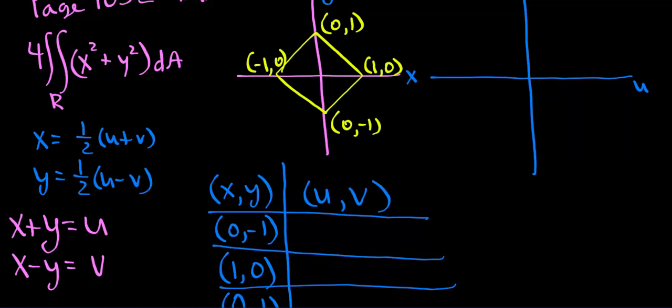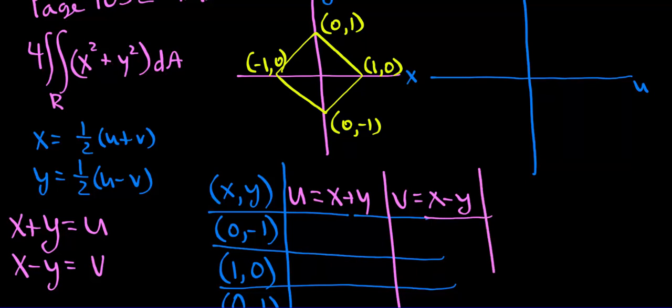Now, let's see what I can do then. For this point, let me spell this out a little more. u is going to equal x plus y. v is going to equal x minus y. And then I've got the uv.